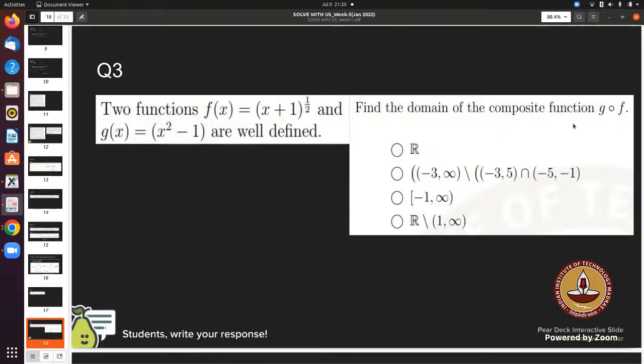Is there any other option which is also correct? Have to check that also. Second option. Yeah, I will discuss. Let others solve also. I will wait for 1 minute and then I will solve this.